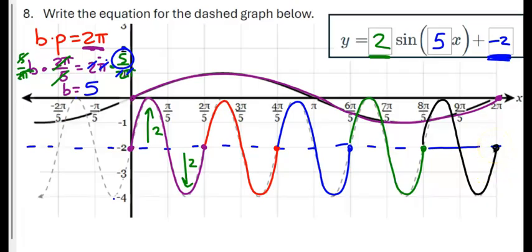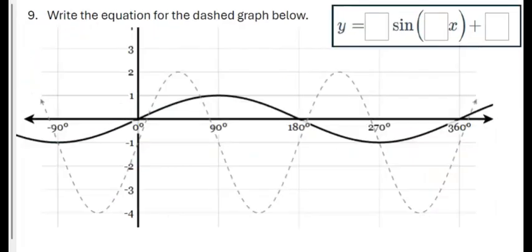So I want you to see that our answer b, 5, represents how many periods will occur in our transformed graph when compared to the parent graph. It takes 5 of them to get to the full length of 2 pi. So going back to question number 6, when I asked you to change the b value from 1 to 2, how does the graph change? Did you answer that correctly?